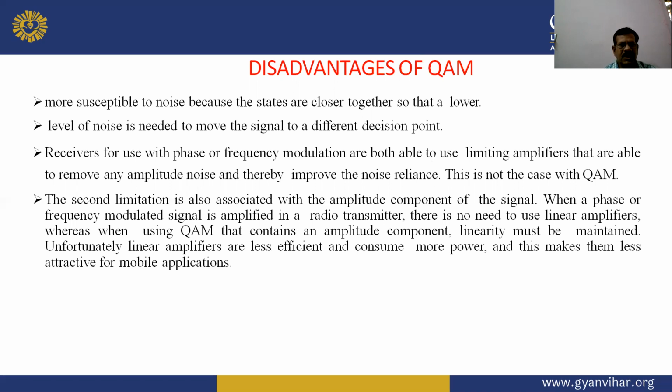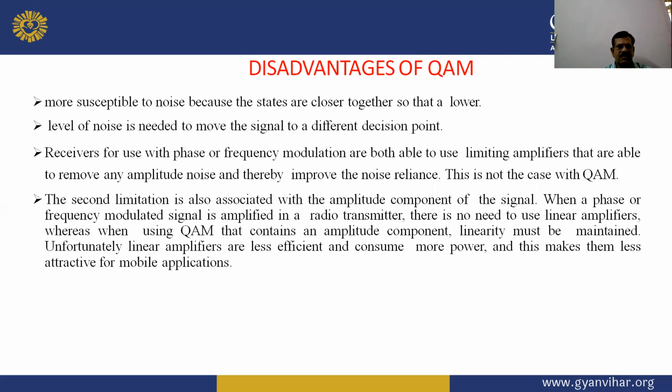It is more susceptible to noise because the states are closer together, so a lower level of noise is needed to move the signal to a different decision point. Receivers for use with phase or frequency modulation are both able to use limiting amplifiers that remove any amplitude noise and thereby improve the noise resilience. This is not the case with QAM.